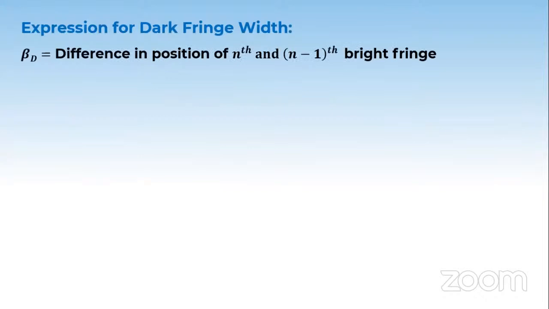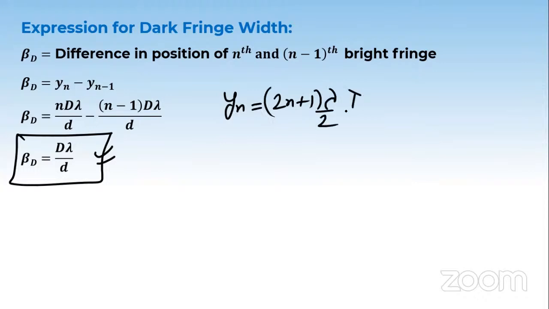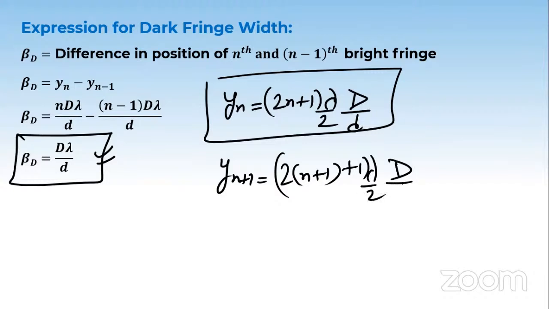If you talk about the dark fringe, capital D lambda by small d will give you that as well. Why? We know the formula for the dark fringe is (2n+1) lambda by 2, capital D by d. For n+1, this will be (2(n+1)+1) lambda by 2, capital D by d.